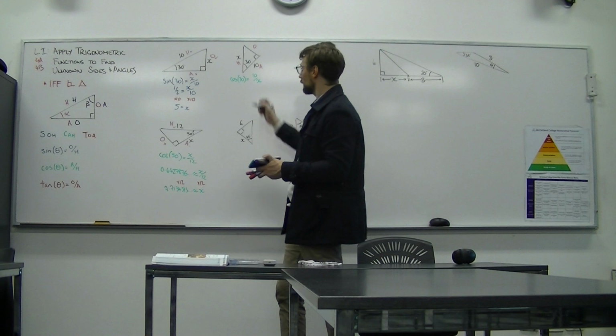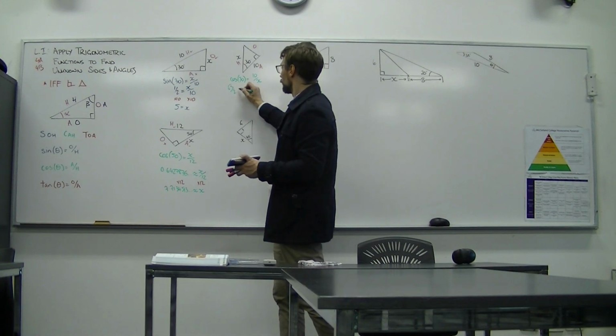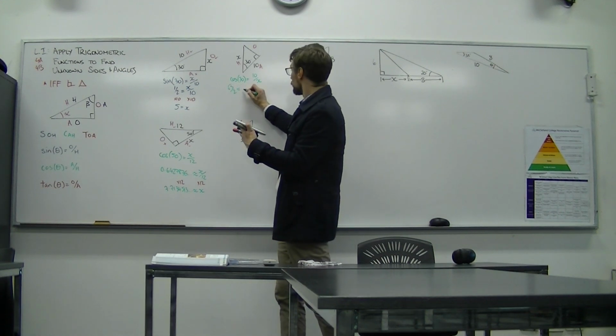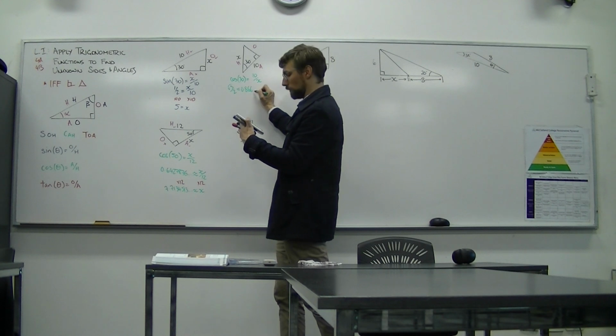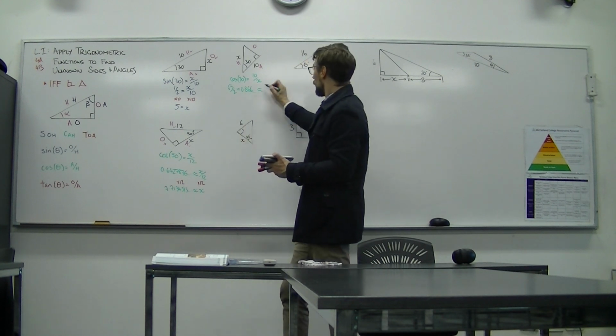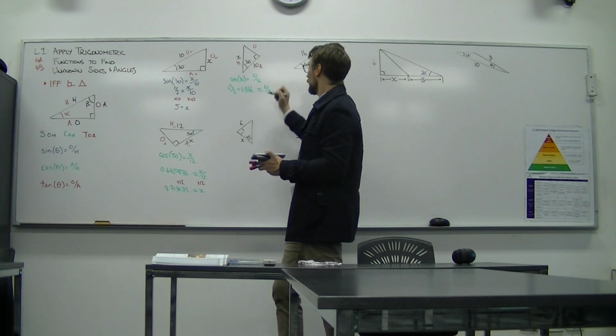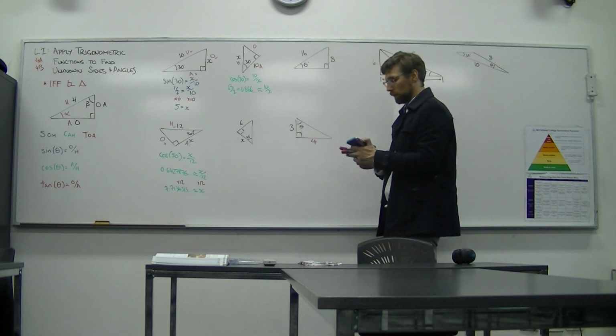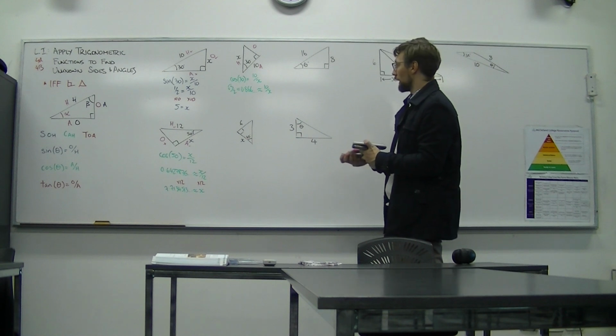If you've got this in exact, you'll get root 3 on 2, which is otherwise 0.866 something, because I can't be bothered writing it all out, equals 10 on x. So far so good. Now we want to get x by itself.